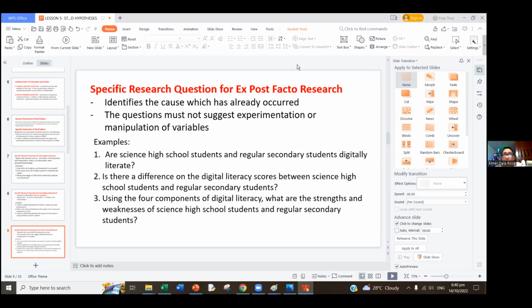Sir, what if my belief is that gender is the influence? It is still ex post facto, because gender cannot be manipulated. Gender already exists. But sir, what if I want to study the educational attainment of the parents? Because I believe that parents with higher educational attainment can provide more materials to develop digital literacy.